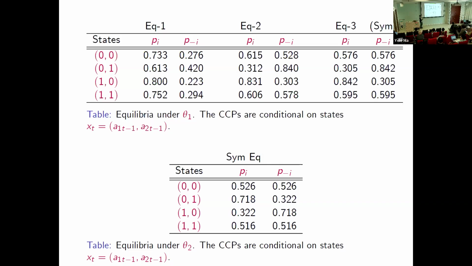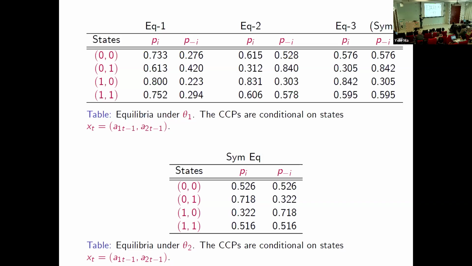You see here that equilibrium 2 and 3 are very close. These are the probability of player 1 entering when previously both firms were out of the market, and this is the case when firm 1 was out of the market, firm 2 was in, and so on. But if you compare these vectors with these vectors, they're rather similar, right?